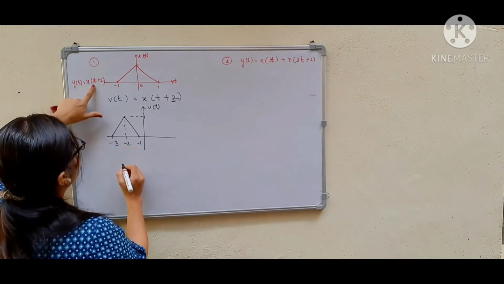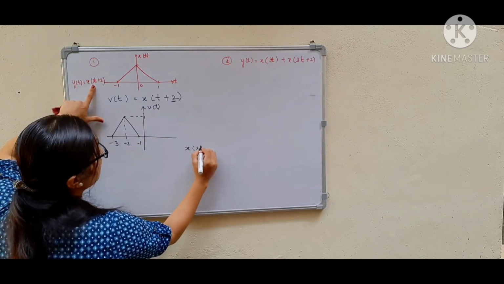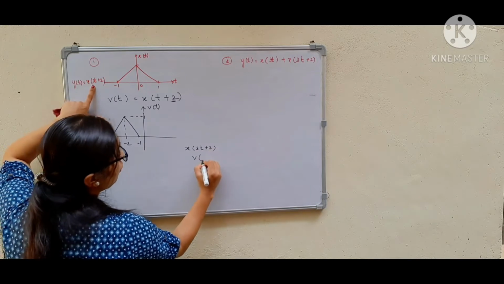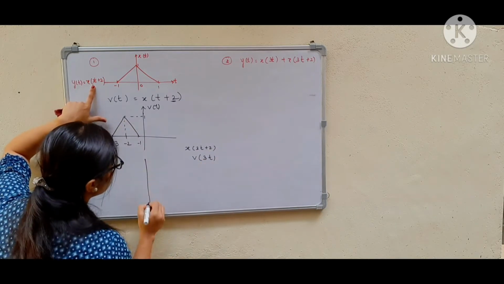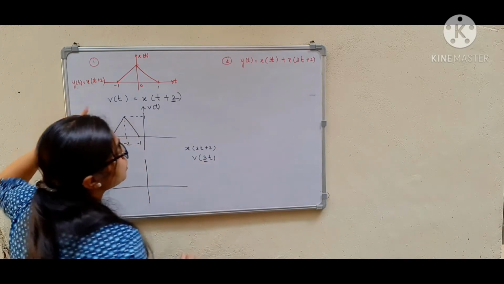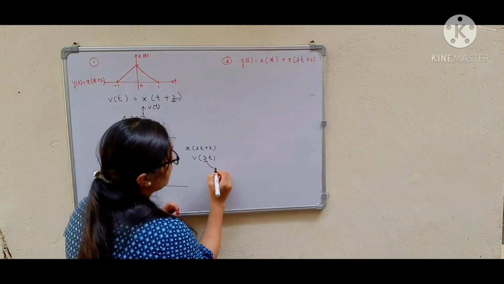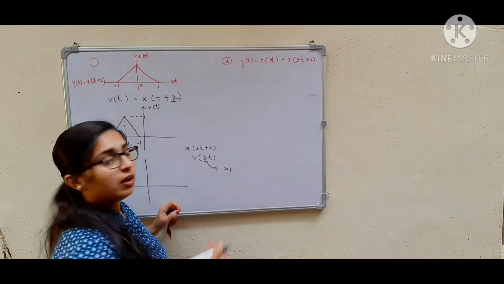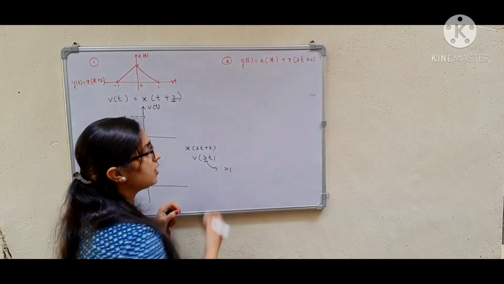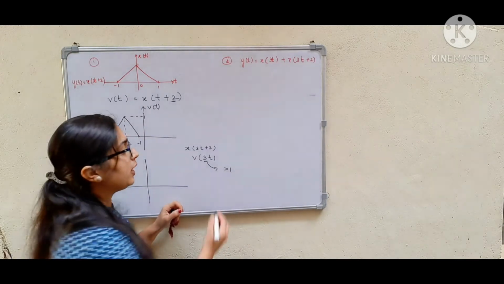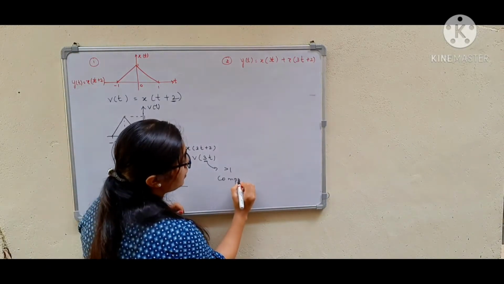Next, x of 3t plus 2 means I have to perform v of 3t now, so this is the scaling version. This scaling factor is greater than 1. And remember, when it is greater than 1, we are going to get the compressed version of the signal.